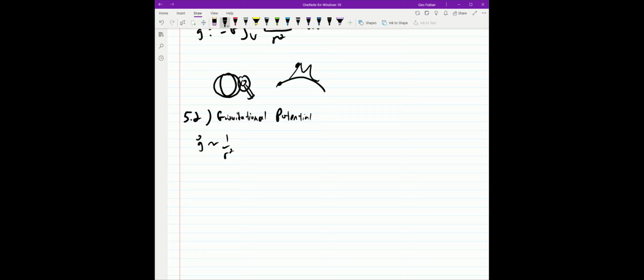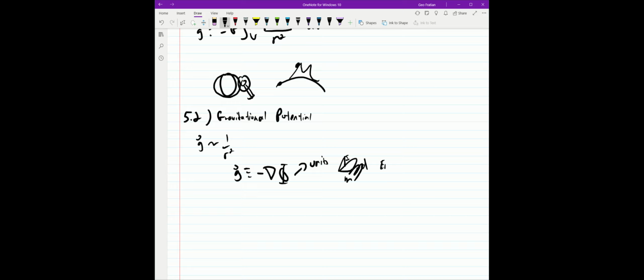It doesn't vanish. So then G we can redefine as the negative of the gradient of the gravitational potential. And its units are force per unit mass times distance, or energy per unit mass.